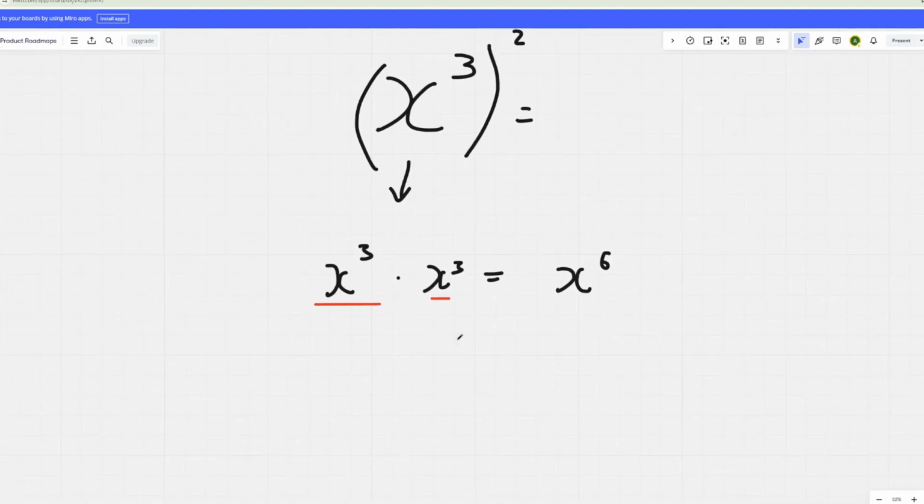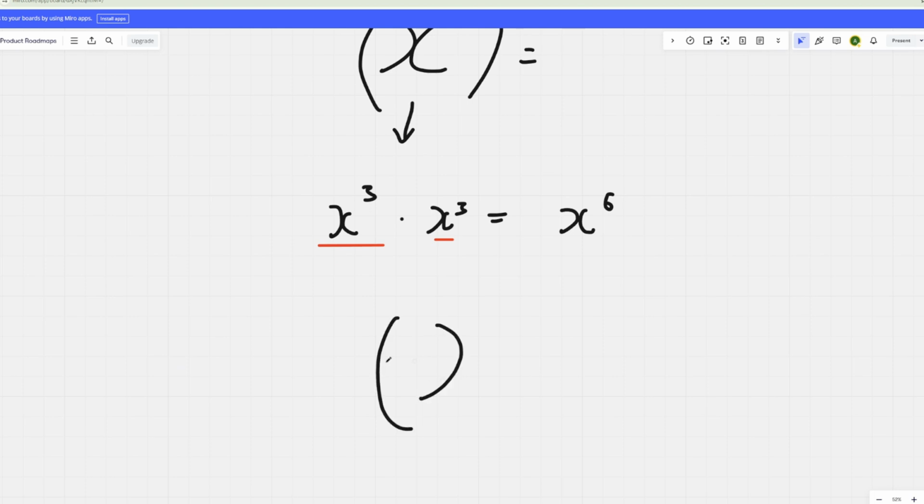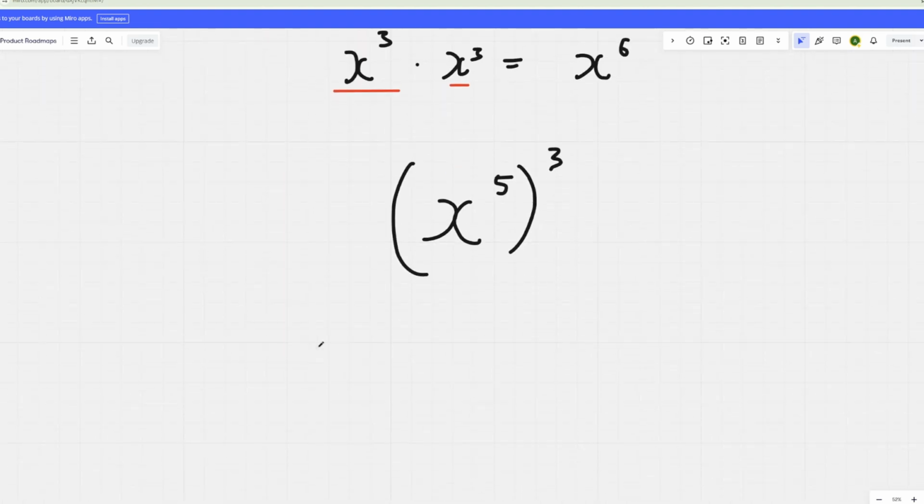Okay, let's try x to the 5th cubed. Okay, so we have x to the 5th. I'm just going to expand this out. X to the 5th times x to the 5th times x to the 5th. Again, we have all the same bases, and we know we can add the powers.